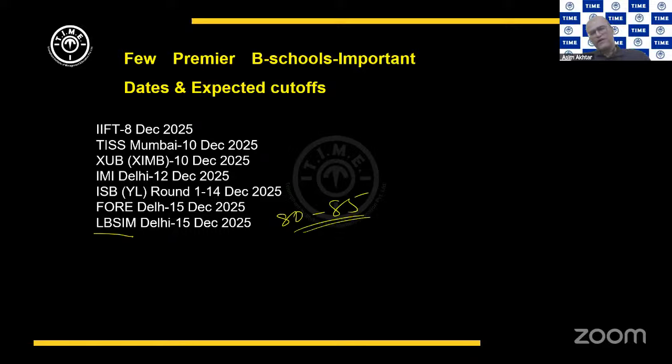So if you're expecting 80 plus in CAT, you can surely consider applying to LBSIM. The last date to apply is the same, 15th December 2025. So this is about Lal Bahadur Shastri Institute of Management.